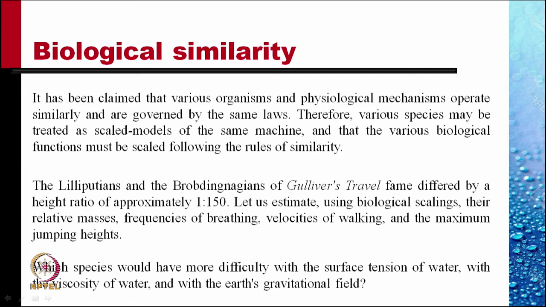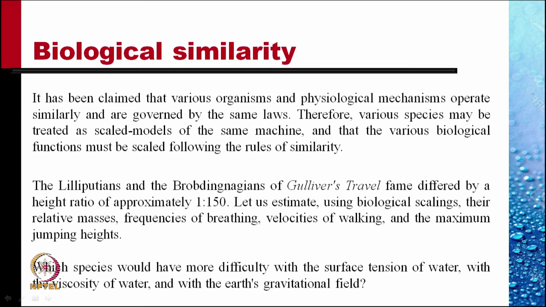Actually, the ratio was 1:144, because it was mentioned in Gulliver's Travels that an inch of Gulliver was a foot for the Lilliputians and a foot of Gulliver was an inch for Brobdingnagians. Let us estimate using biological scalings their relative masses, frequencies of breathing, velocities of walking, and the maximum jumping heights.